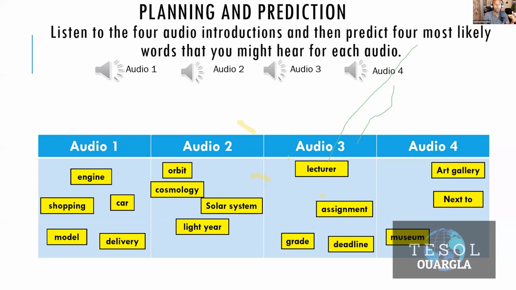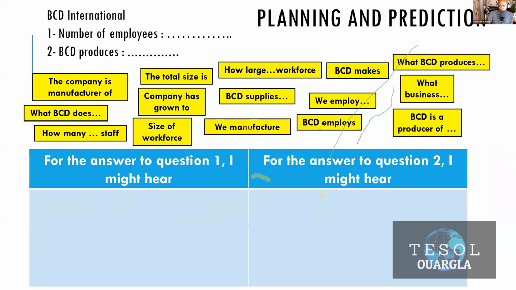And this is one way of developing that strategy. But let's go to the next, in which we are still in planning and prediction. In this one, you are looking at a question which is BCD International, number of employees.